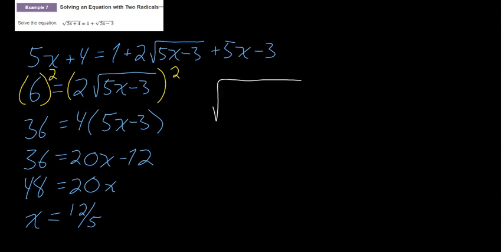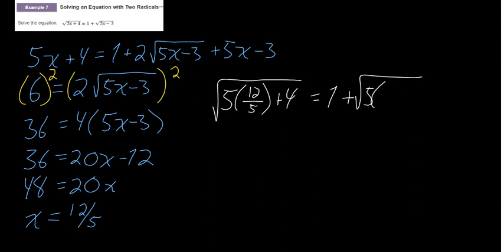So it's not so bad because they set it up to be not so bad. So the square root of 5 times 12 fifths plus 4 is equal to 1 plus the square root of 5 times 12 fifths minus 3.